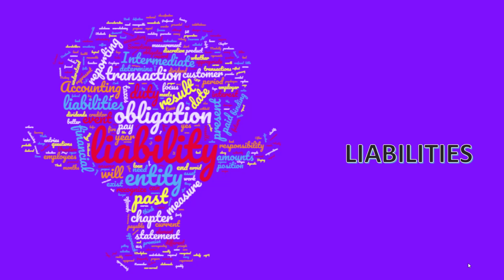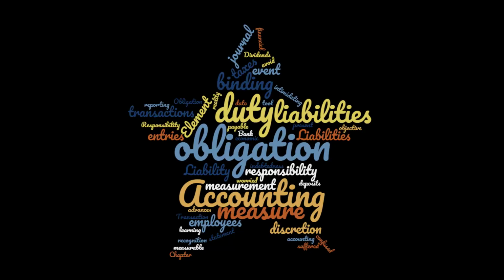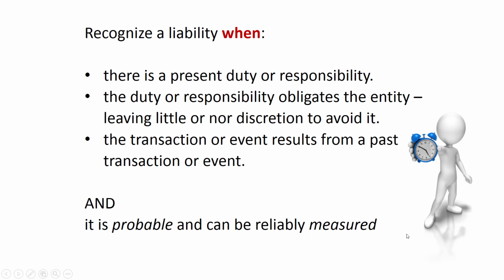Now, I know you've already reviewed the material from Intermediate Accounting 1, so you remember to recognize an element when it meets the definition of the element, is probable, and is reliably measurable. And the characteristics of a liability, because that's the element we're focusing on, are they represent a present duty or responsibility.